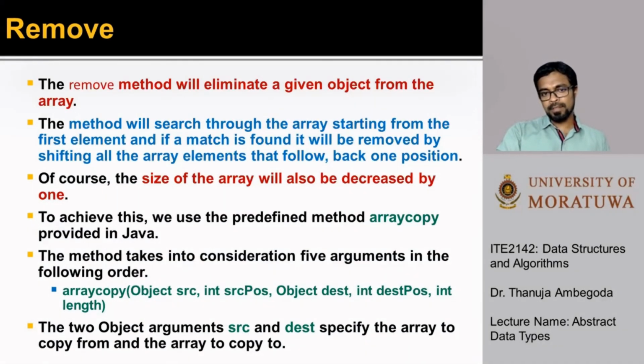The arraycopy method has a few important arguments. Object src, int srcPos, Object dest, int destPos, int length. So the two object arguments src and dest specify the array to copy from and the array to copy to. As the name suggests, it's a method to copy elements from one array to another array.